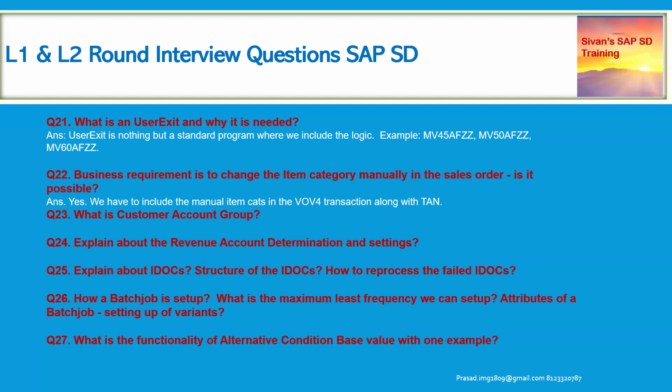In the EDID4 table, the entire information, like header information of the sales order and item information of the sales order, if it is relevant for sales order level, and similarly for delivery and billing, is associated at header level and item level. The segments are like E1EDK01 at header level and E1EDP01 at item level.